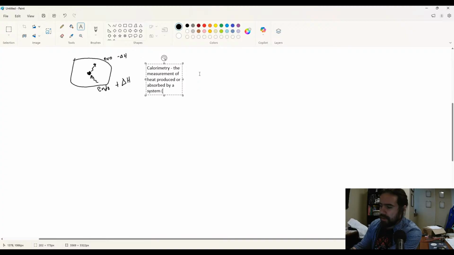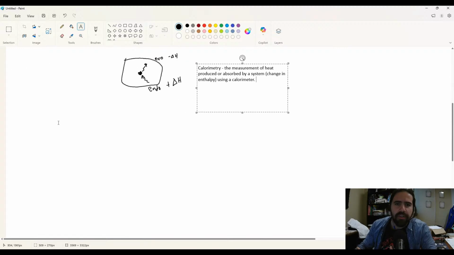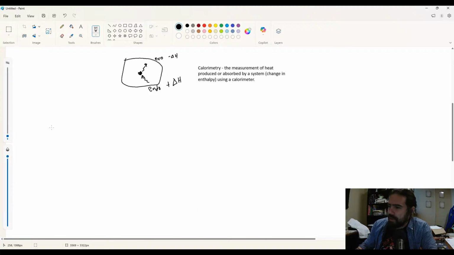This would be the change in enthalpy, using a calorimeter. What's a calorimeter? We're going to jump into that in a second. There's a couple of different versions. That's what calorimetry is, okay? The measurement of heat produced or absorbed by a system. This would be the change of enthalpy ultimately, right? And we use a calorimeter for this purpose.